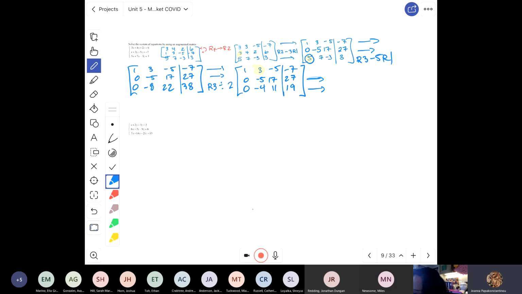Okay, so we're going to do 4 times row 1. Is that what you're saying? Okay, now notice what happens. Well, I'm going to let you do it and see what happens. Okay, what are you telling me to do? I'm not going to give it away. What are you telling me to do?